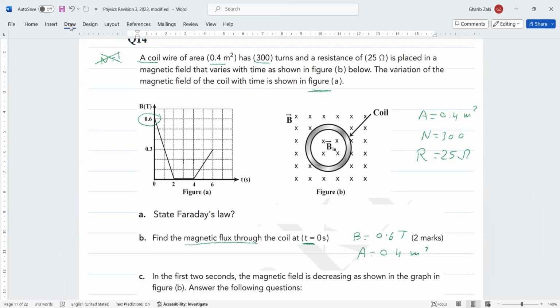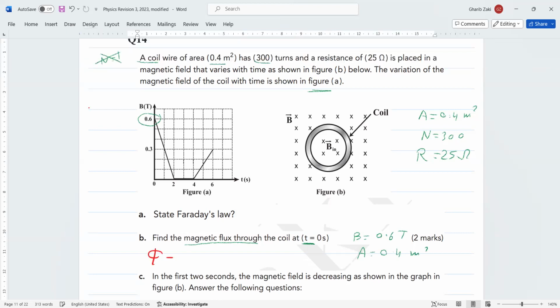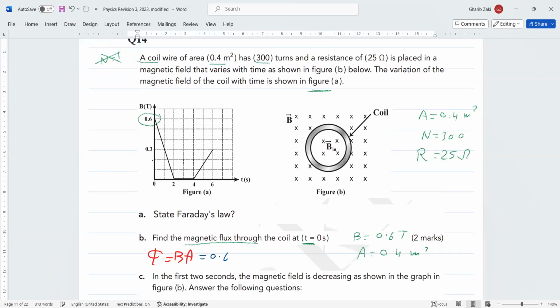Magnetic flux phi equals B times A. Just do substitution: B equals 0.6 multiplied by A, 0.4, equals 0.24 Weber. Now, in the first 2 seconds, the magnetic field is decreasing as shown in the graph in figure B. Answer the following.